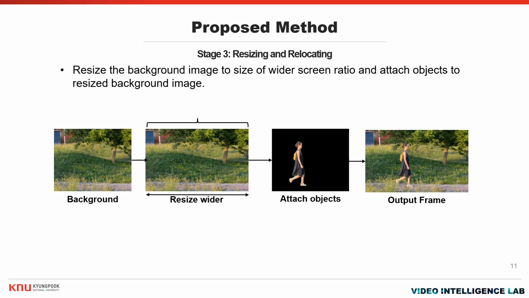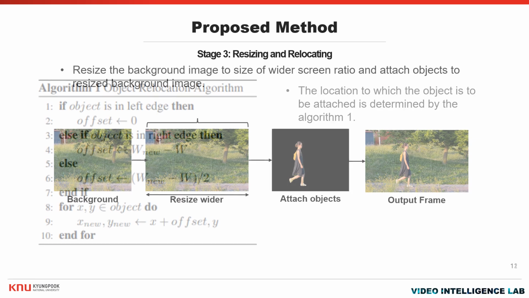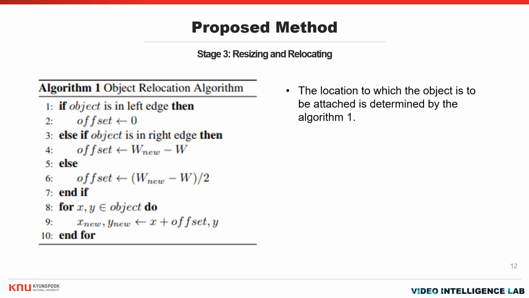Since the background is stretched, but the size of the objects retained its original size, when relocating the objects, it is necessary to find the optimal location to create a smooth and natural context. The object relocating algorithm is explained in algorithm 1. This can hide the inpainted blurred location with the important objects.